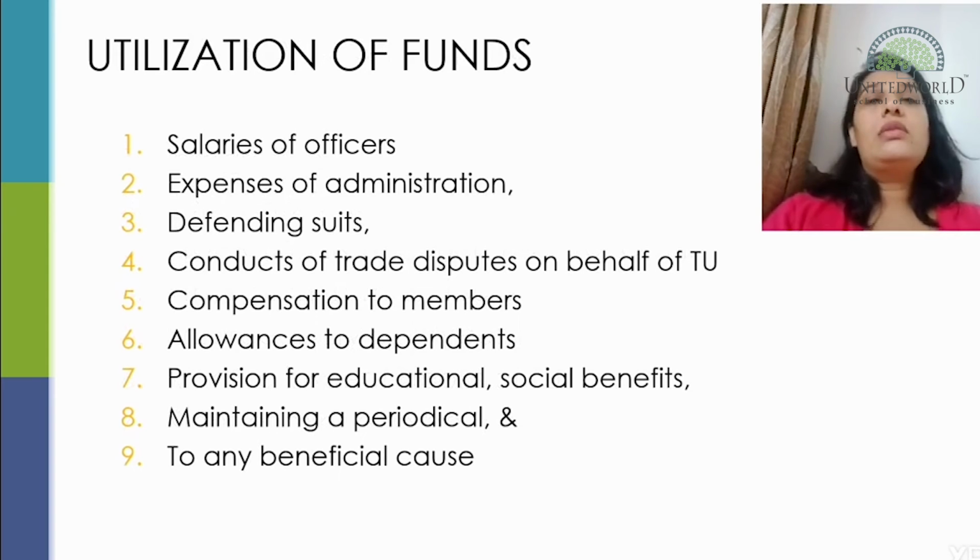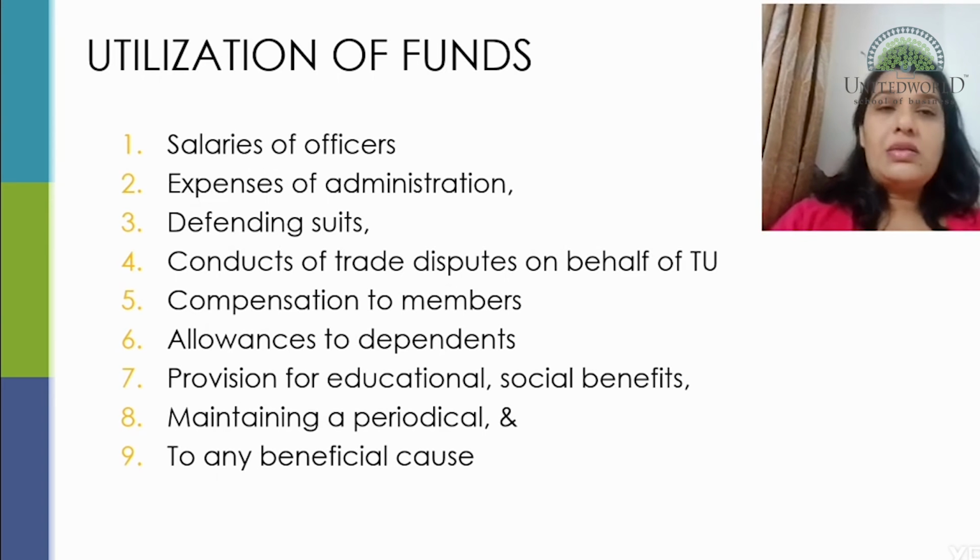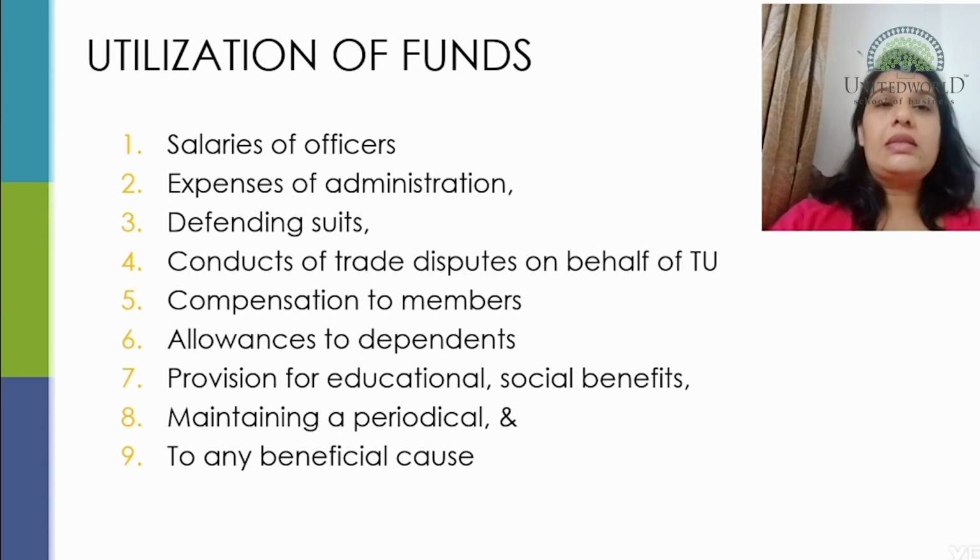Okay, so where can the funds of trade unions be utilized? The salaries of all officers of the trade union come from those funds, as do administrative expenses and defending suits. Whatever dispute is going on in the courts, and whatever cost occurs, all that money comes from the funds.